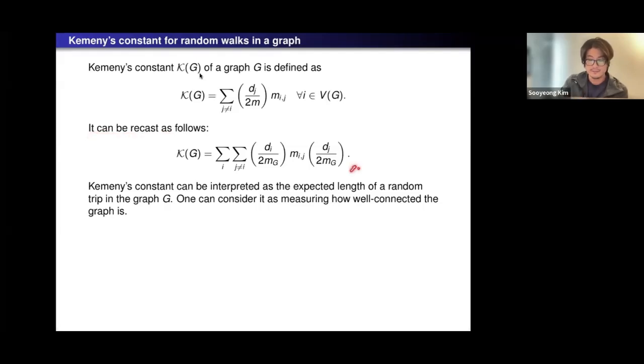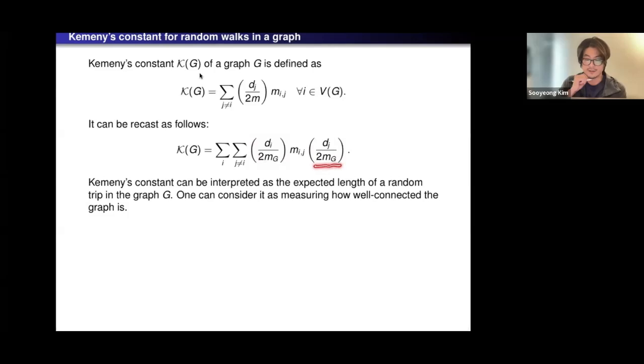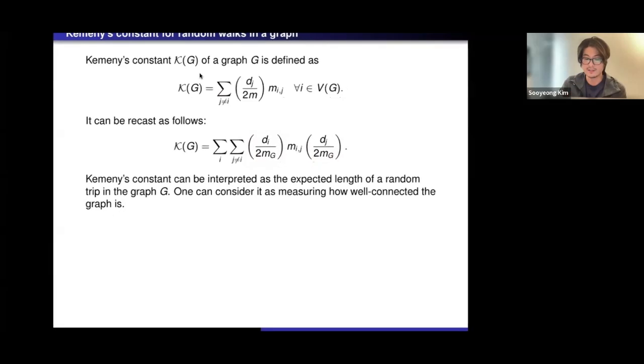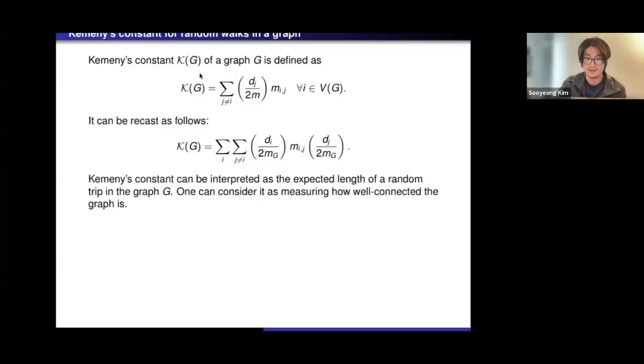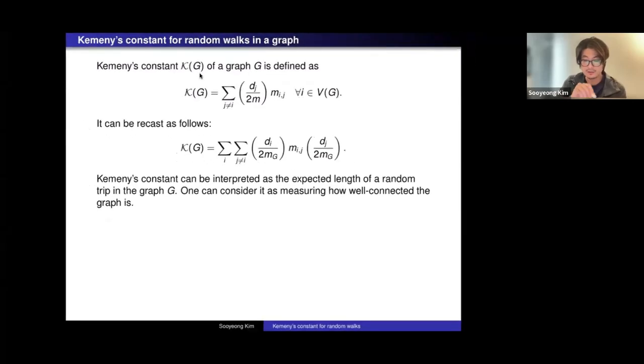Here, the left part and right part, similarly, we can interpret as the probability of choosing i and j, so choosing i as an initial vertex and j as a terminal vertex. So this quantity is the expected time for the random walker to travel between two randomly chosen vertices i and j. So it can be interpreted as the expected length of a random trip.